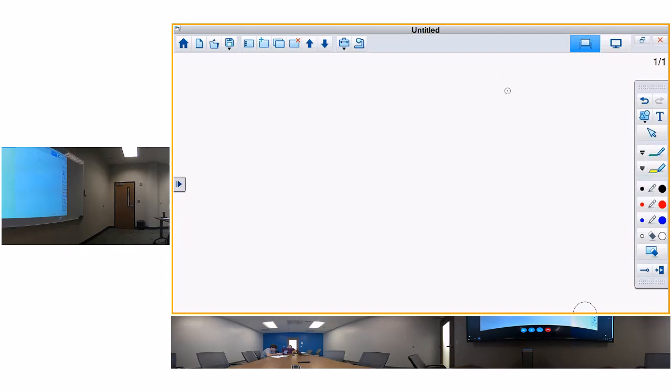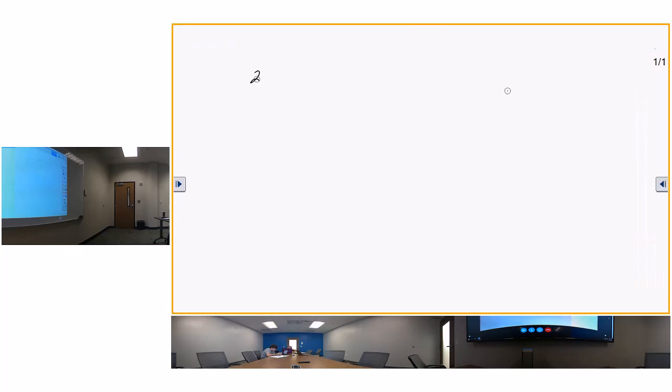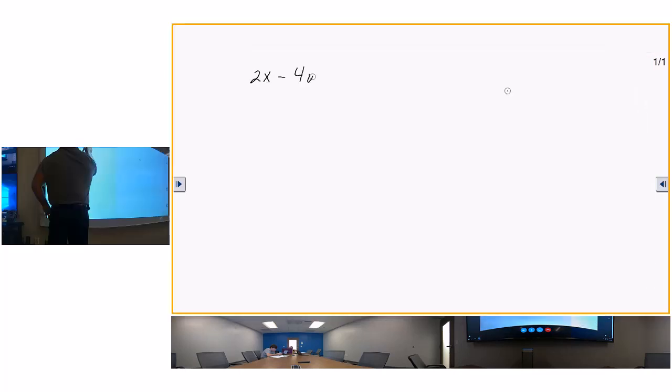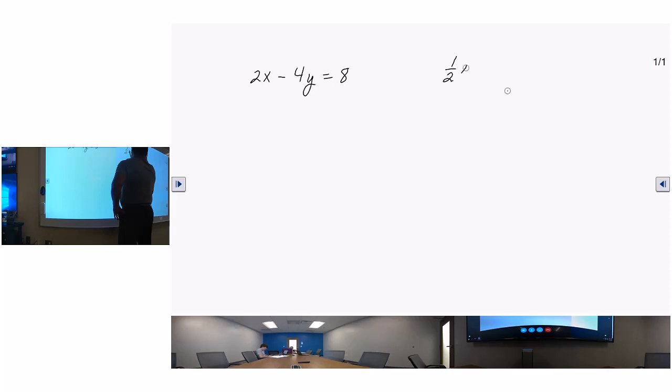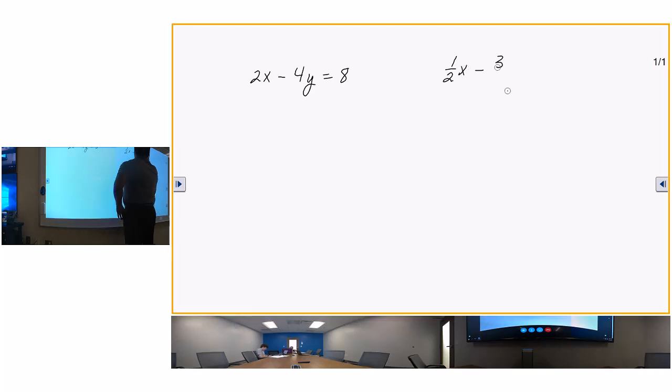Let's try another one, and we'll do it by substitution and elimination. Let's make it interesting: 2x minus 4y is equal to 8, and 1/2 x minus 3/4 y is equal to 7.